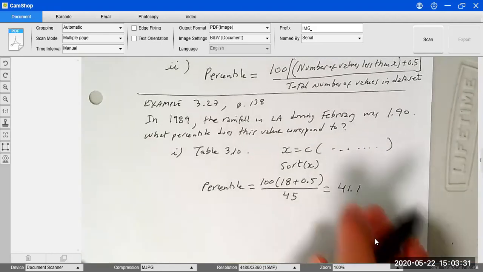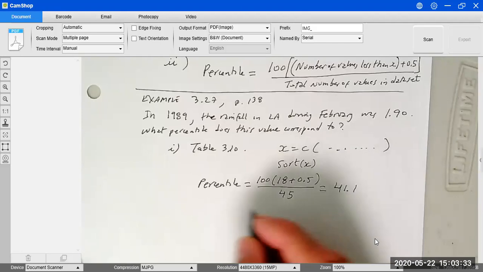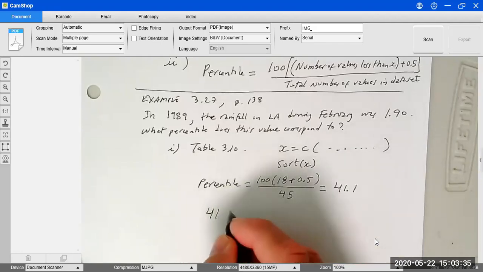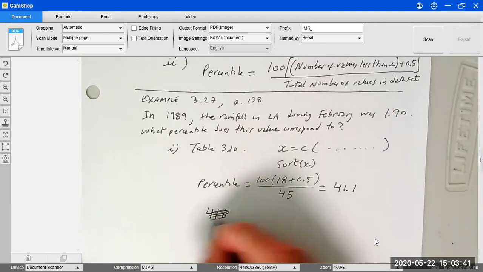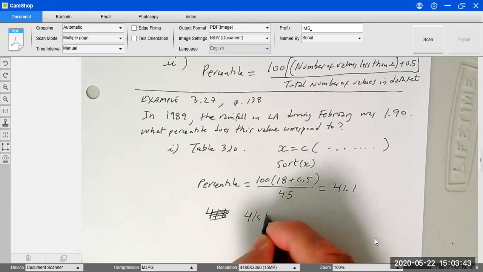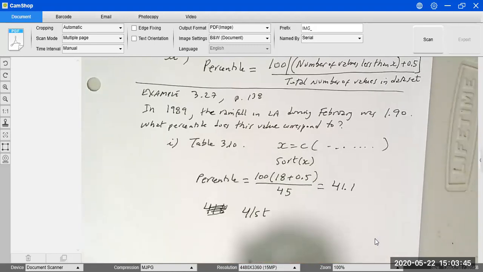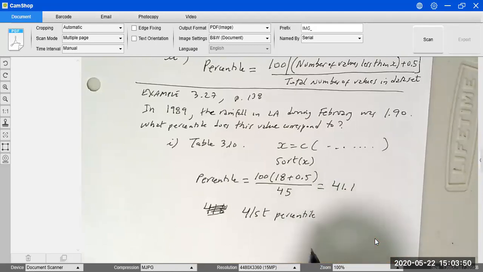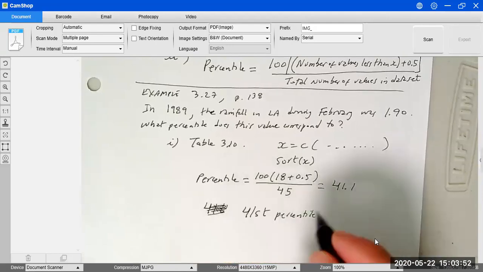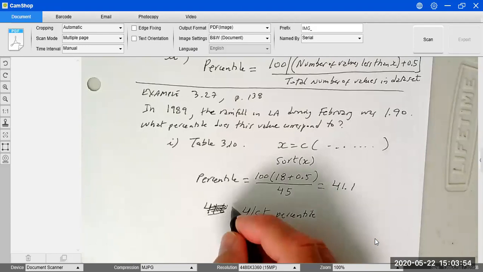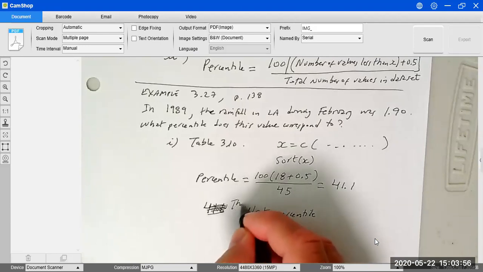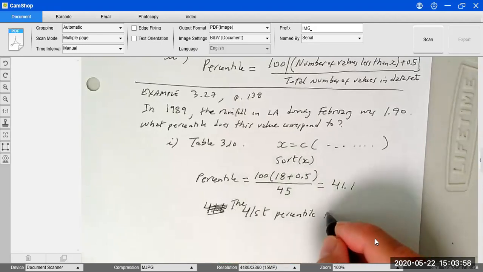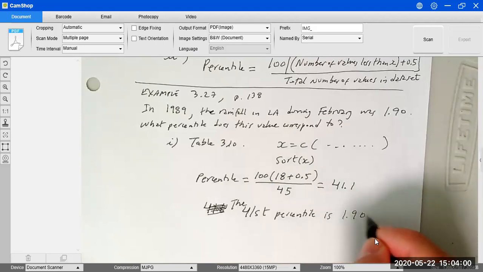So we can round this off. So we're going to get the 41st percentile. The 41st percentile is the one that corresponds to 1.90. Okay, so we can say the 41st percentile is 1.90.